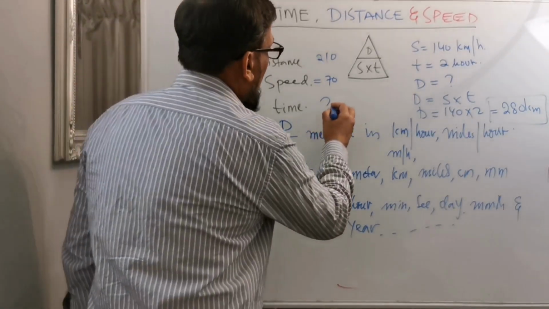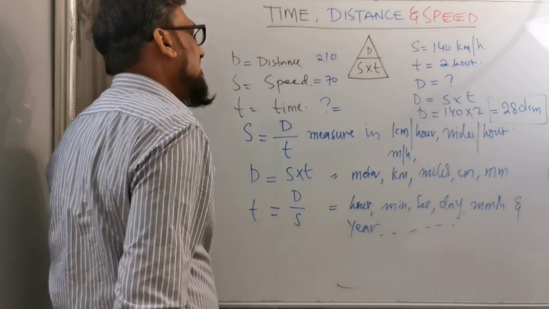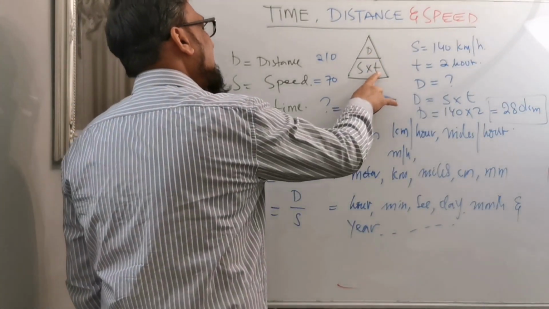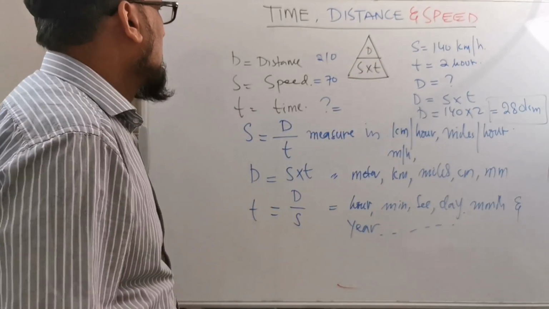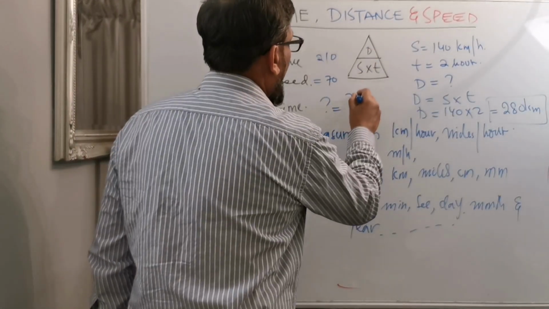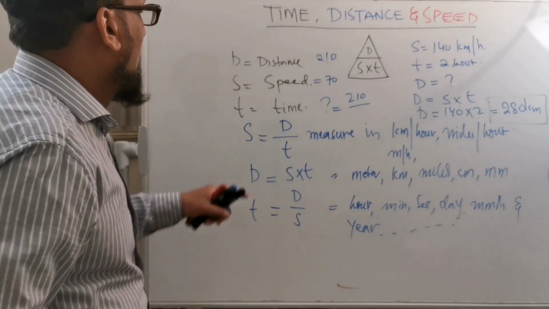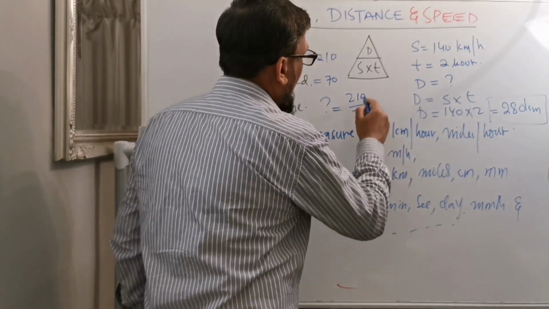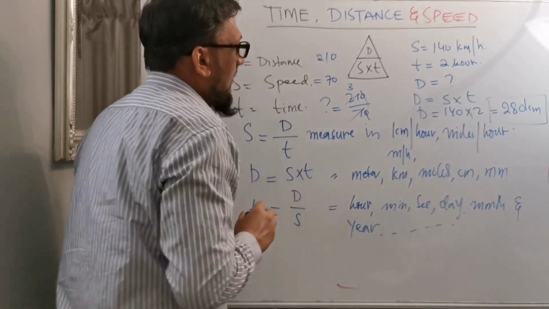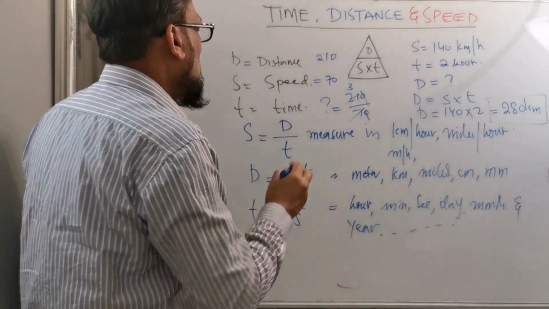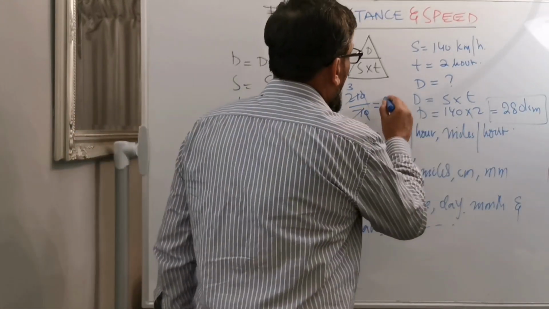As per the magic triangle, if we need to find T, it means D divided by S. The D is 210 and the speed is 70. So 70 is 7 and 7 times 3 is 21. So it takes 3 hours.